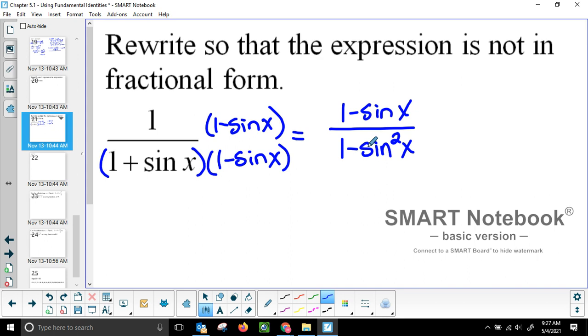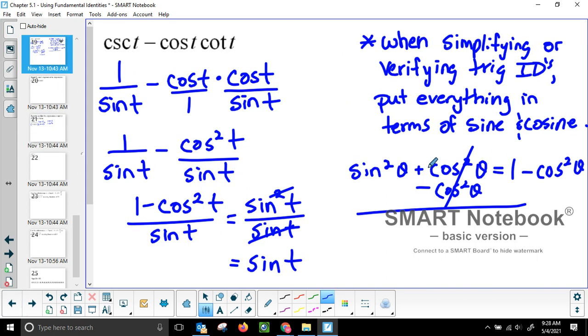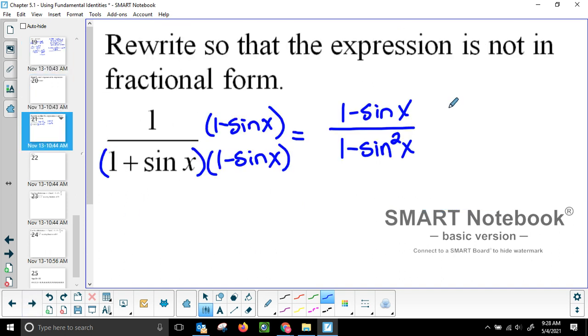So we've got 1 minus sine squared x here. That's very similar to what we did here, except now we're doing it the other way. So if we have sine squared x plus cosine squared x equal to 1, if I subtract sine squared x from both sides, I get this, which means I'm allowed to replace 1 minus sine squared x with cosine squared x.